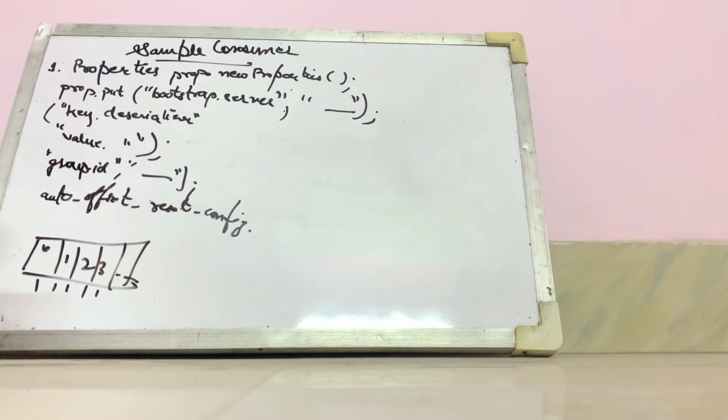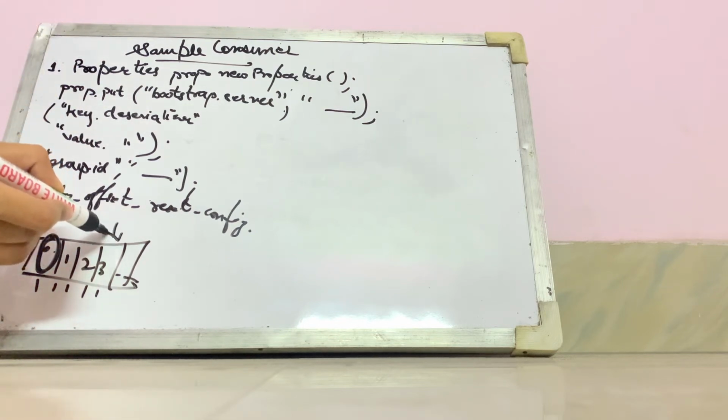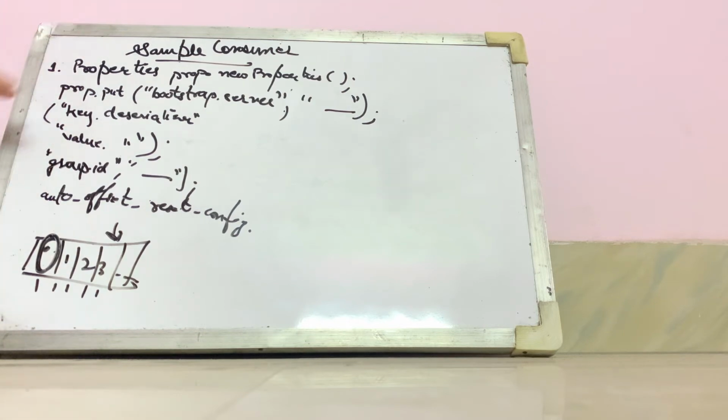Now if we set this offset as earliest, the consumer will read from the 0th, from the very earliest. And if we set this as latest, our consumer is going to read from the latest message, in this case, which is 3. So these are the configurations that we normally do for creating our Kafka consumer. These are the basic configurations.